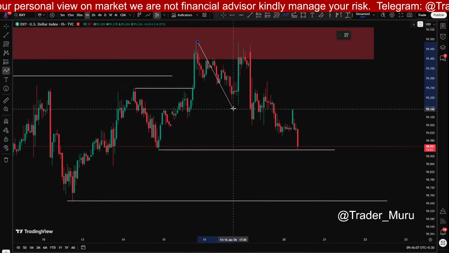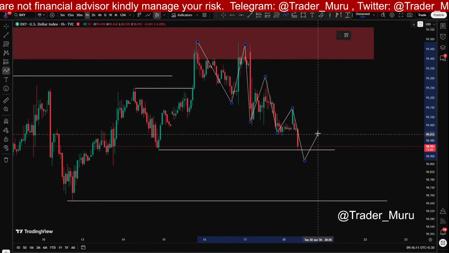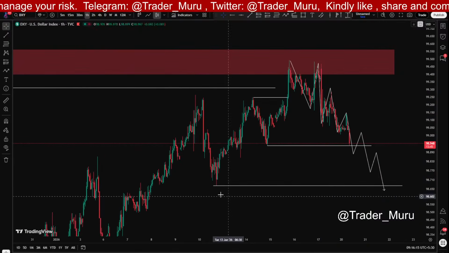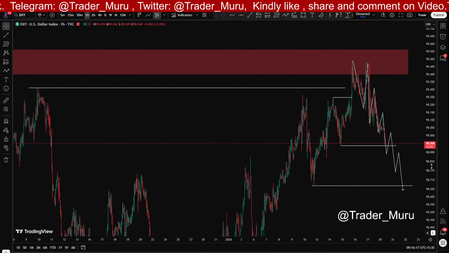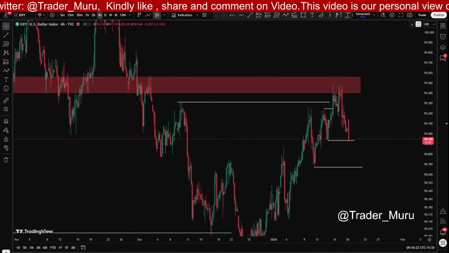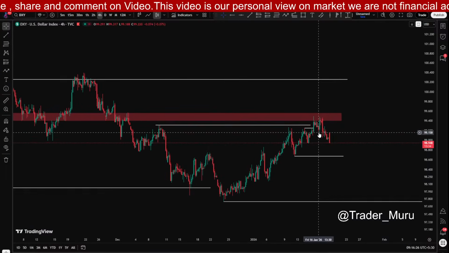As you can see, this is low, high, lower low, lower high, lower low, lower high, and I want price to continue this momentum and break this low. Once I have a 4 hour change of character, I will be watching for the momentum like this.